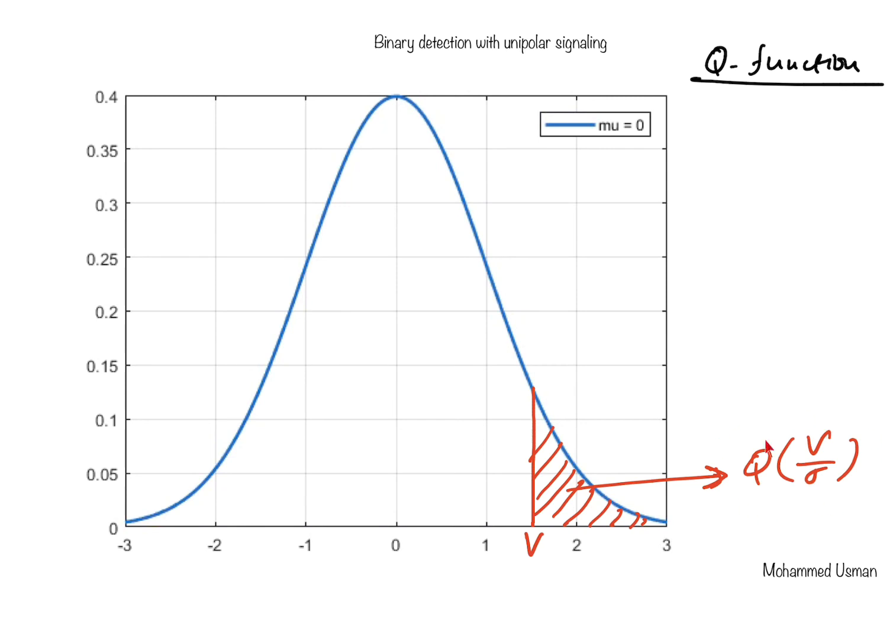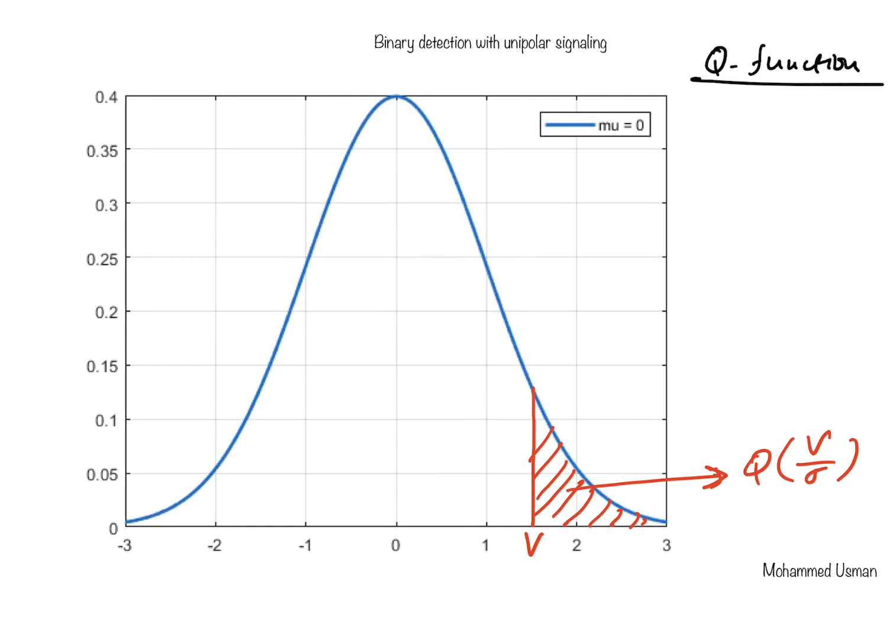So the Q function applies to the Gaussian PDF that is centered on 0, which has a mean value of 0. And then once we have the central value as 0, we can choose any threshold, which we can call V, and from V to infinity we compute the area under this PDF, and that is called the Q function, denoted as Q of V by sigma.